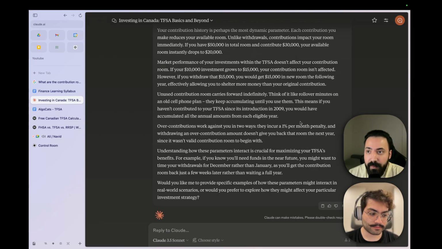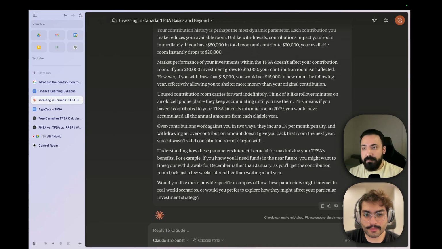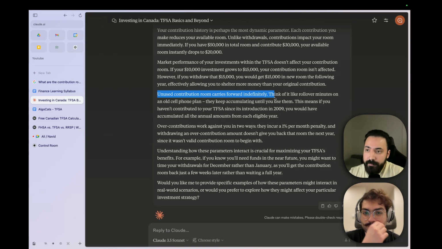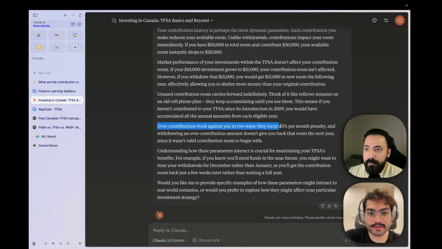Okay. But if you take it out, it will. Exactly. So moving on, unused contribution room carries forward. Over contribution works against you in two ways. It's a 1% per month penalty, and withdrawing an over contribution doesn't give you back that room next year.